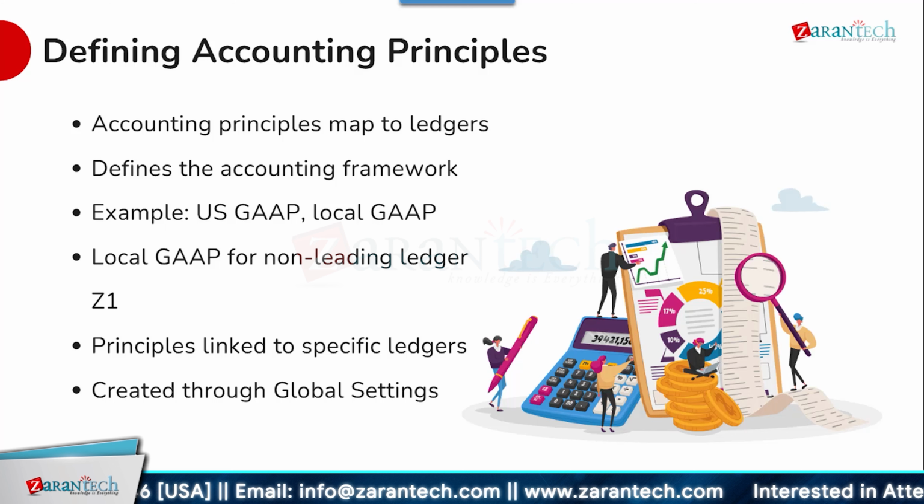Each ledger's configuration is created through global settings, ensuring consistency across the organization. And by adhering to these principles, businesses maintain transparency and integrity in their financial reporting, making it easier for all the stakeholders to understand their financial health.